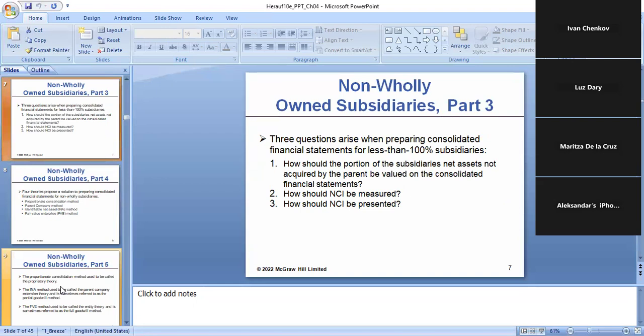So the question is, how should the portion of the subsidiary net assets which are not acquired be valued on the consolidated statement? And how should that non-controlling interest be measured and how should it be presented, both of them?